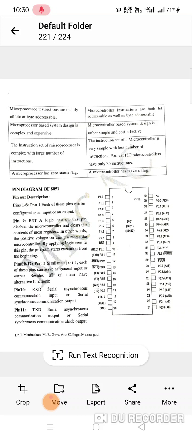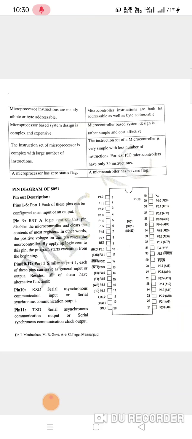And pin number 30 is ALE slash PROG bar, and pin number 31 is EA bar slash VPP, and pin number 32 to pin number 39 are used for port 0, and they are also used for the lower order address bus.